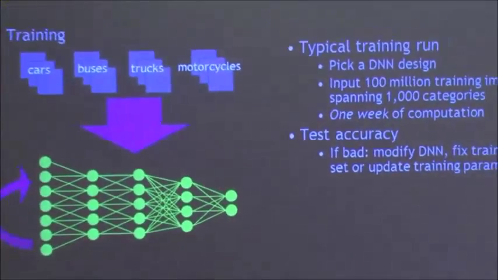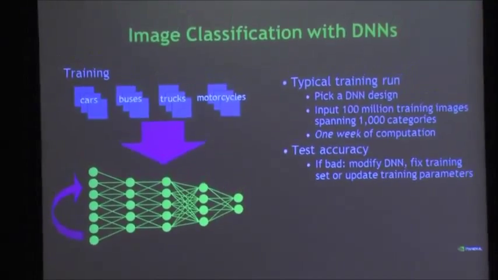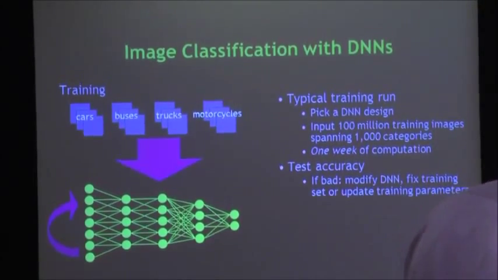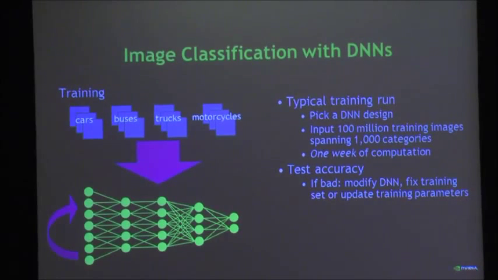The input could be, let's say, 100 million training images, spanning multiple categories. There is a plethora of different types of objects on Earth, so for every type of object you could have a different category. It sounds like a simple task: 100 million training images across 1,000 categories.